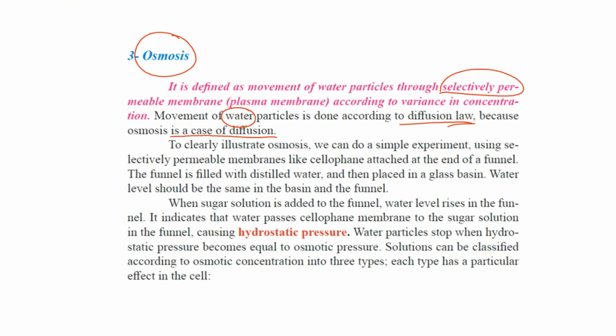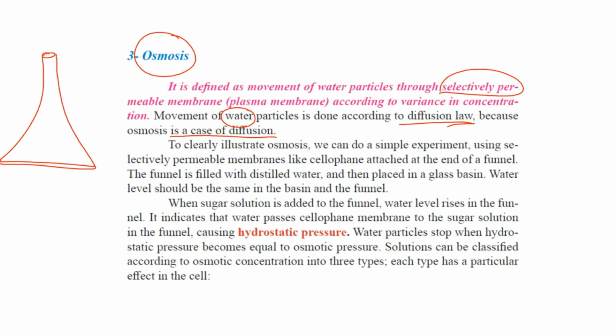To clearly illustrate osmosis, we can do a simple experiment using a selectively permeable membrane like cellophane attached to the end of a funnel. We cover the funnel with a cellophane membrane, which is obtained from part of animals, a living thing, so it must be a living membrane.